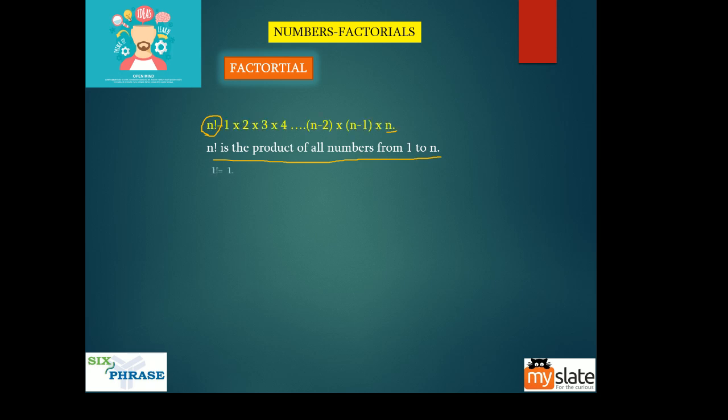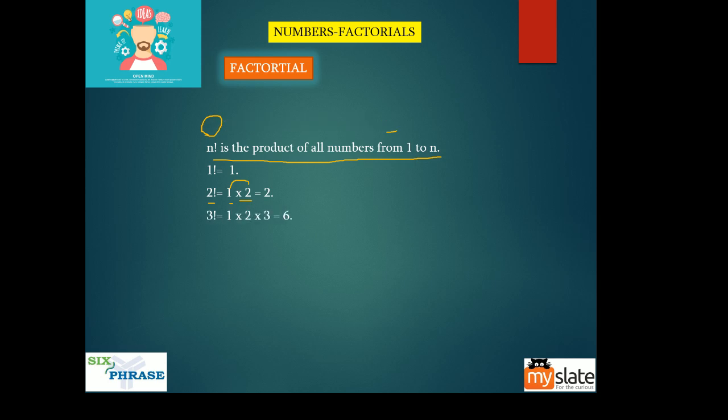For example, 1 factorial is 1. 2 factorial is 1 into 2. It starts from 1 till n, so here n is 2, and it goes to 2.